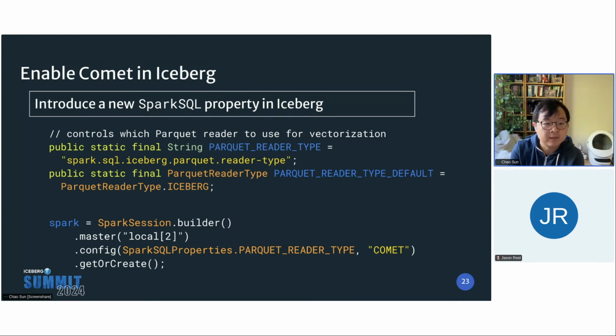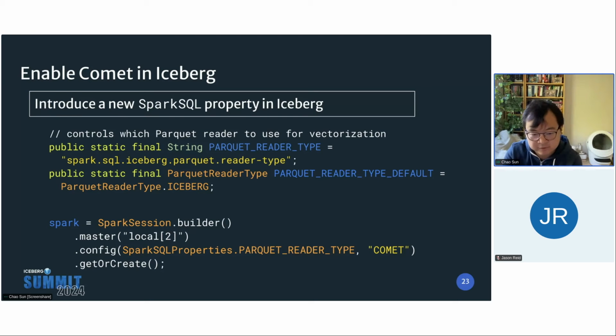And then enabling Comet in Iceberg is actually pretty simple. We have introduced a new Spark SQL property in Iceberg. As shown in this slide, for people to switch to the Comet reader in Iceberg, they just need to turn on this flag or specify the Parquet reader type to be Comet, and then Spark will basically pass this property to Iceberg.